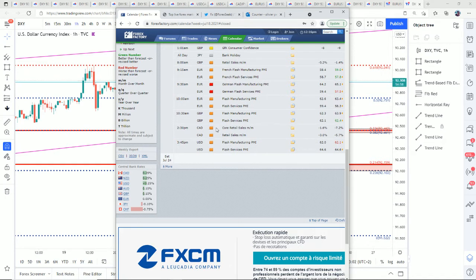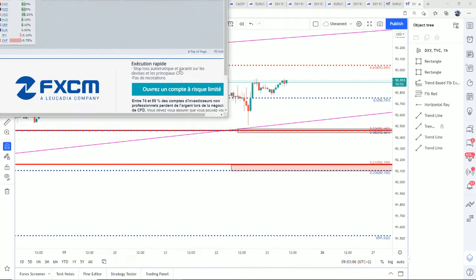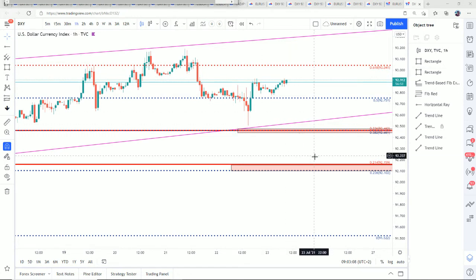Nothing important at 2:30, some medium importance data. So I think the big move should happen now. We see we have a little bit of push on the DXY now. Like always, people are looking at this and they want to buy DXY. So we will see what happens just after the first data.